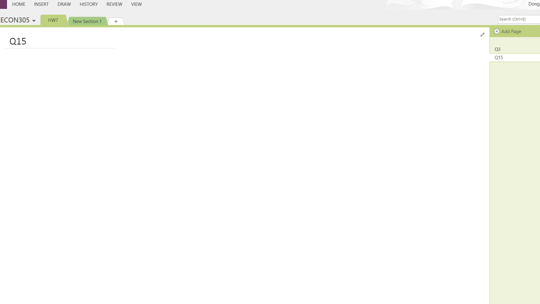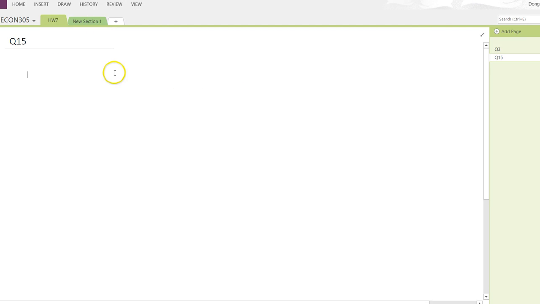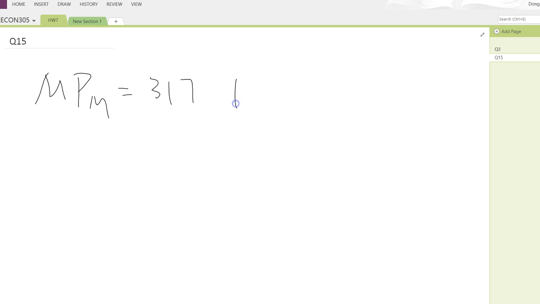From the setup, we can see that the marginal product of M is 317.